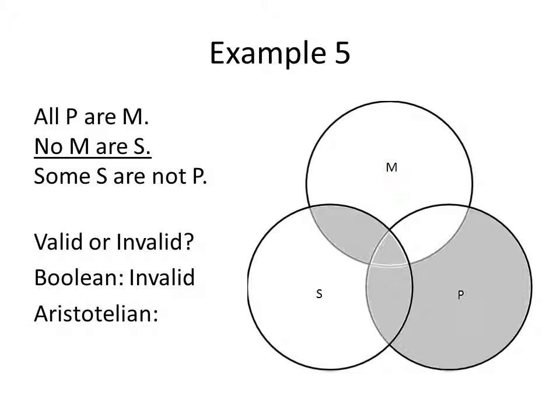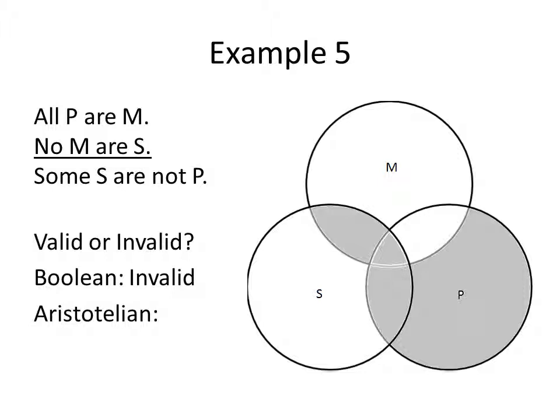Is it the case that there's some S that are not P? What we're interested in here is the S circle, because the conclusion says that some S are not P. So is there some S that's not P? Well, the diagram doesn't say.